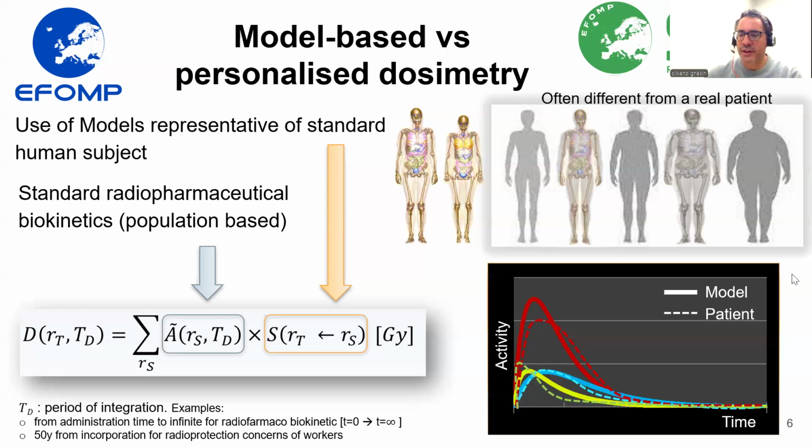You can also see here that there could be discrepancies between the model used by ICRP and your actual patient. Indeed, ICRP provides references for a model-based dosimetry with the reference person, the reference subject, and it is not exactly your personalized dosimetry that is addressed.